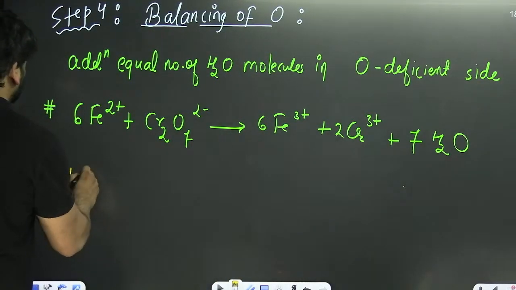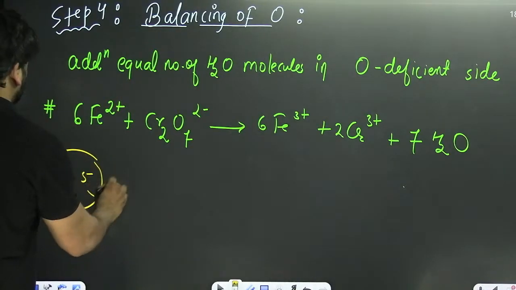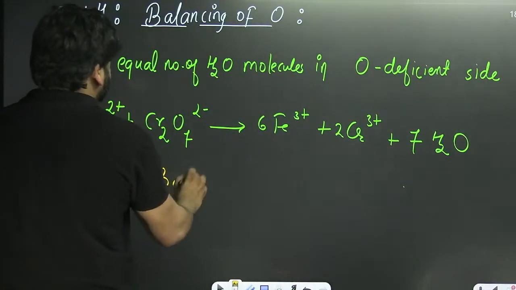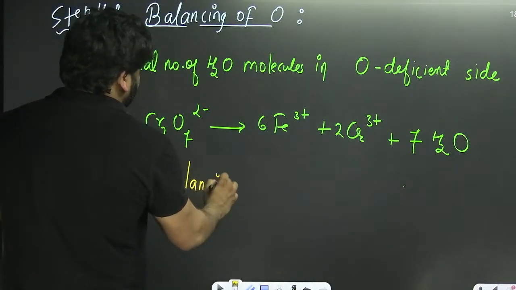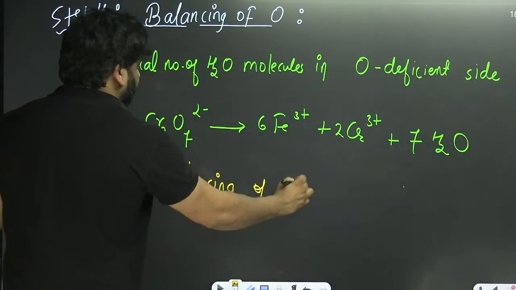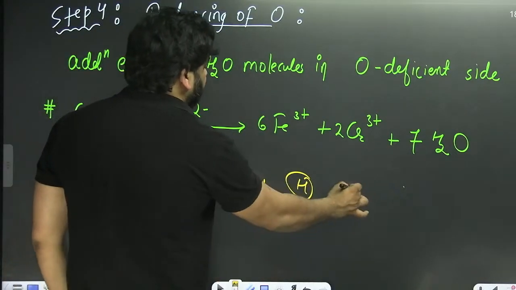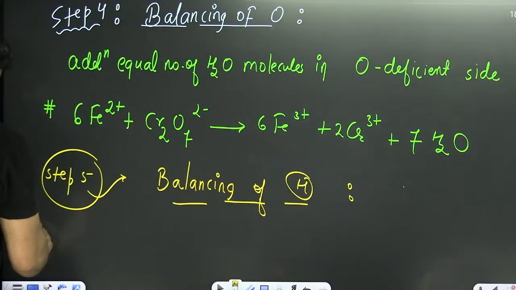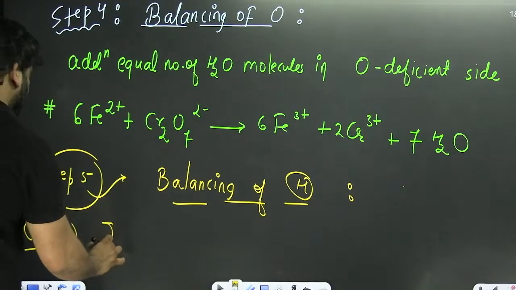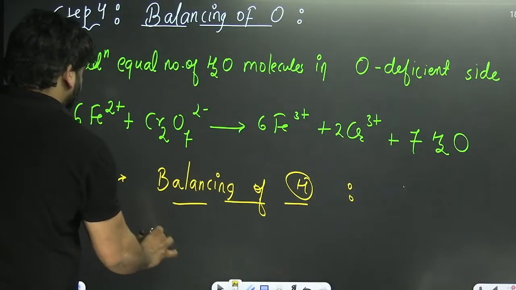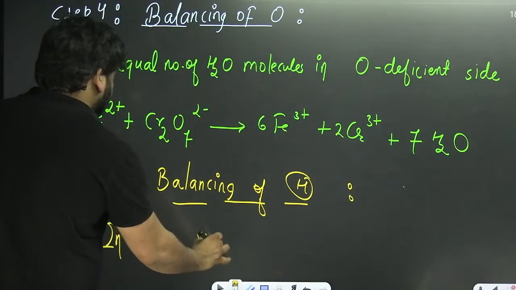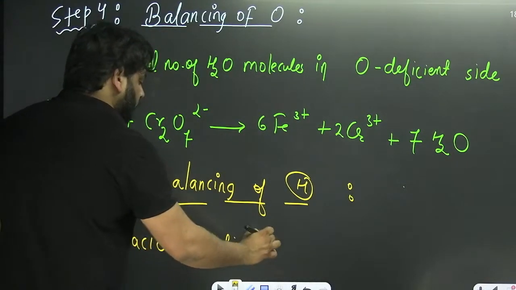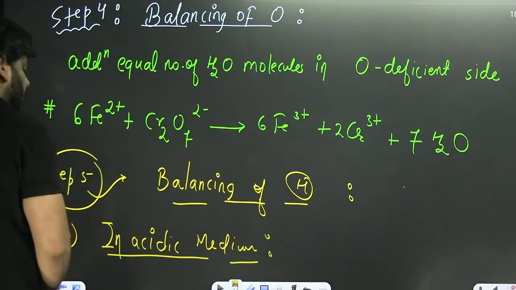Then step 5. The final step is balancing of hydrogen. How to do the balancing of hydrogen? So there are two cases. Case 1, in acidic medium. So guys, what do we do in acidic medium?